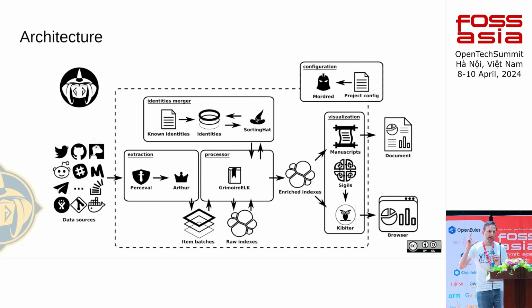Sorting Hat takes care of the identities, affiliations, and merging of all of these identities over the years. This is the place where you will be creating the data, in a way. Then, through an extraction process with Perceval, this will be stored in a database, in this case OpenSearch, although we are still using the Elasticsearch logo, as you can see.